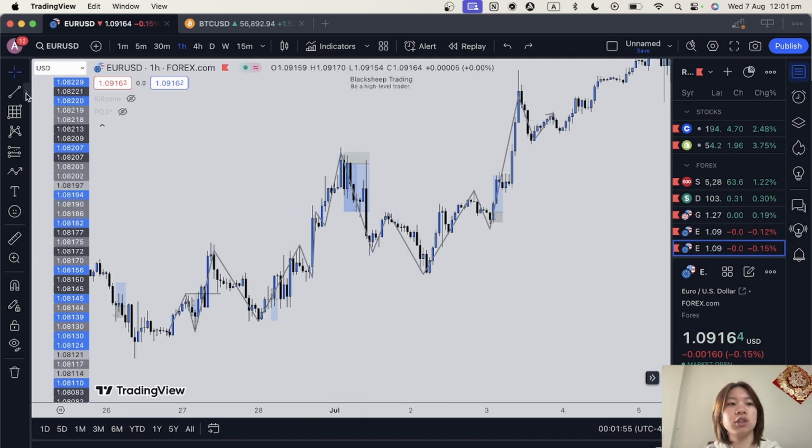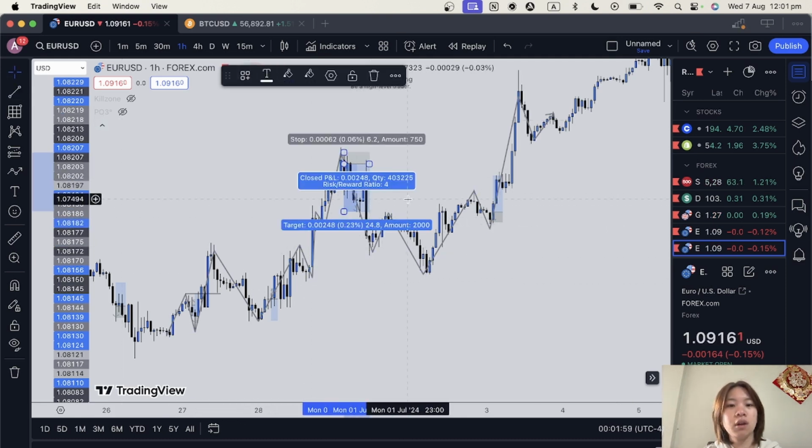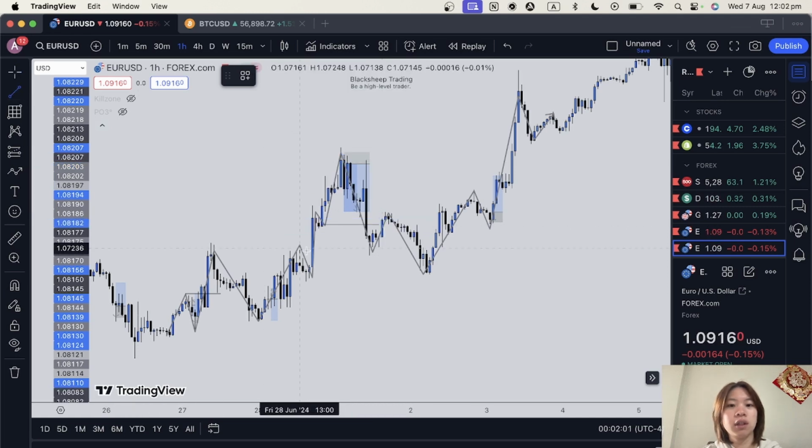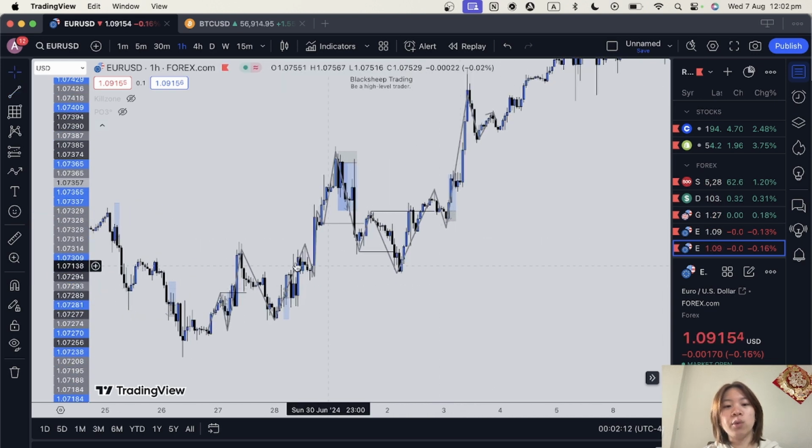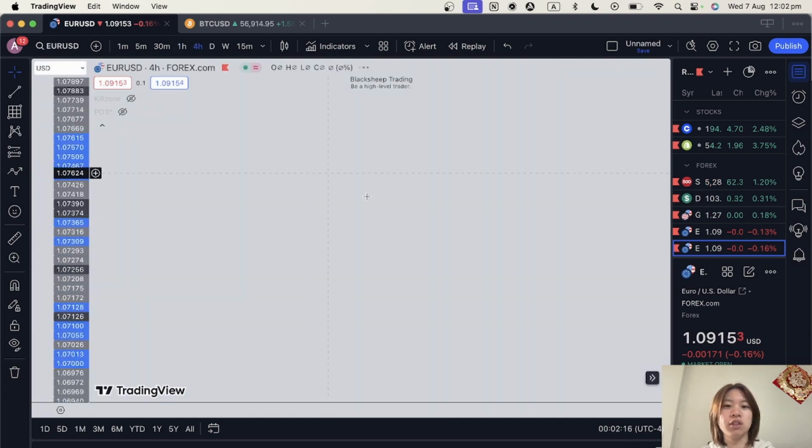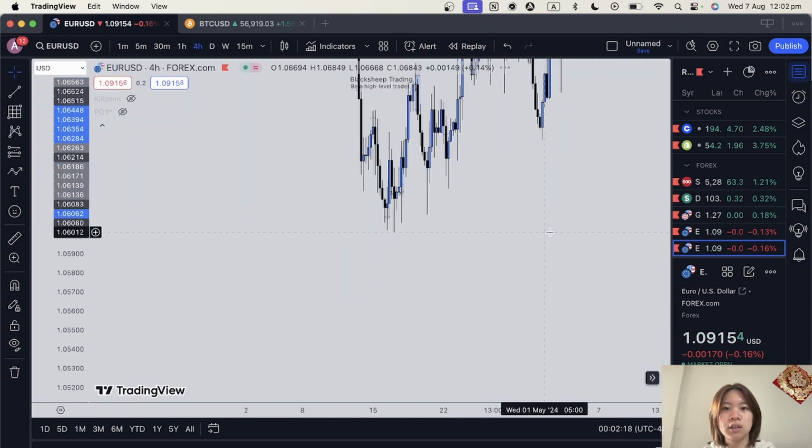So market structure shift here, and then continuing downwards, this is a break of structure here, and then we get this market structure shift here to continue the up. So this is a good example of when on the higher time frame it would probably just be a continuous uptrend. Let's see.